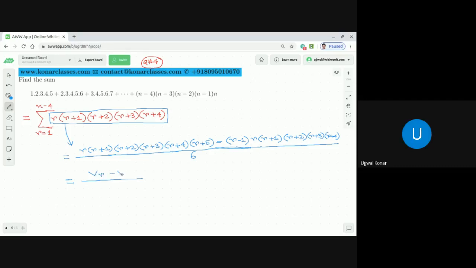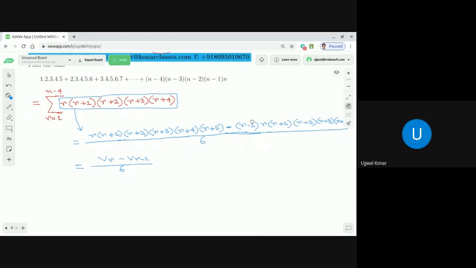Then the next one will be V_(r minus 1). Do you agree with me? Correct, no? Just replace r by r minus 1 and you get the second expression.